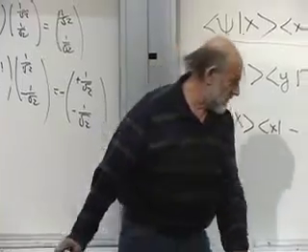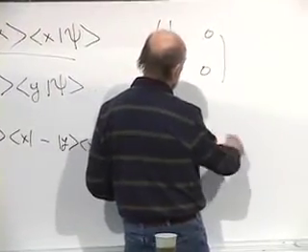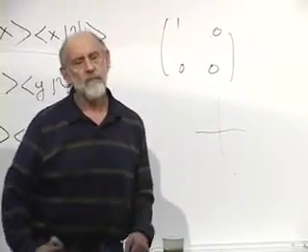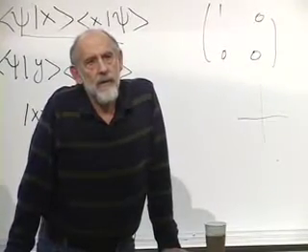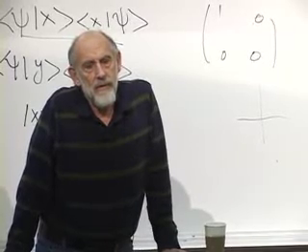If you're polarized on the y-axis, having passed through the polarizer, you have a 50% chance of being 45 degrees either way, and zero probability of being perpendicular to that polarization. So the observable really is the exclusion of the perpendicular polarization.